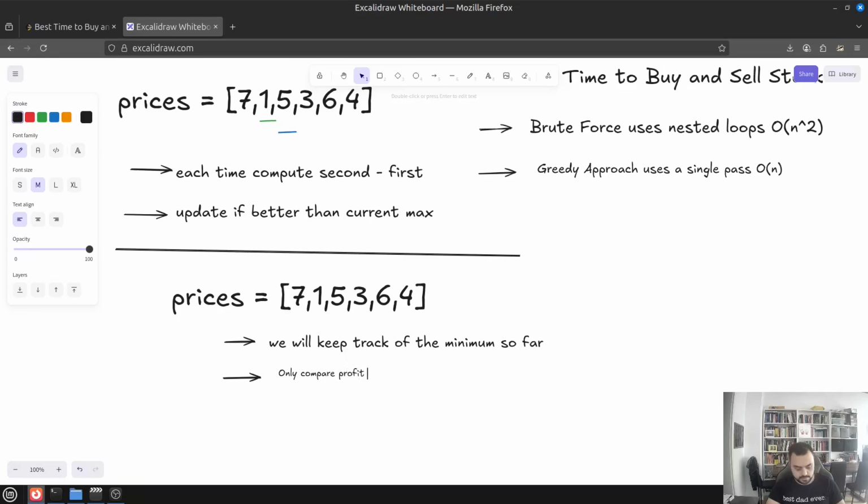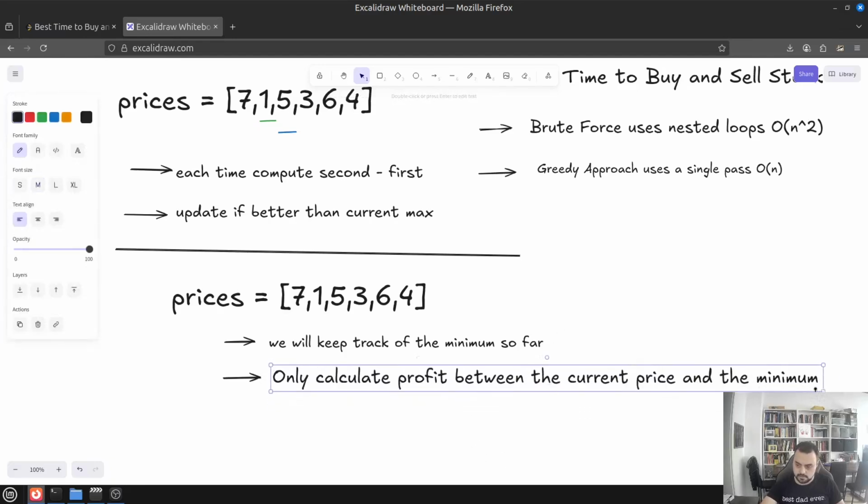profit between, or only calculate between the current price and the minimum. That's it.